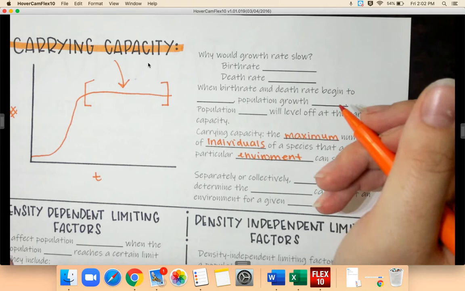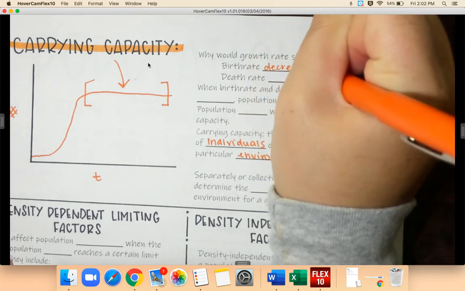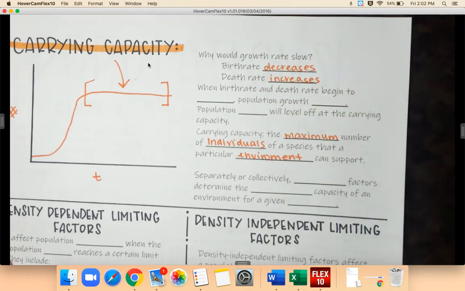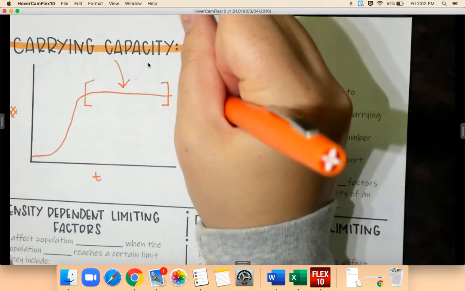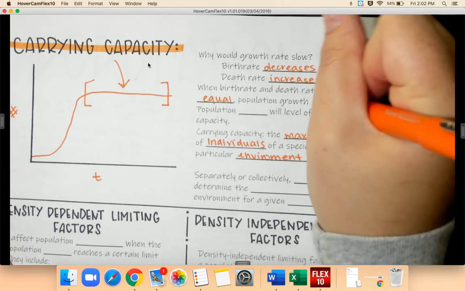It can be because of two reasons. Either the birth rate decreases or the death rate increases. So when the birth rate and death rate begin to equal, the population growth stops.